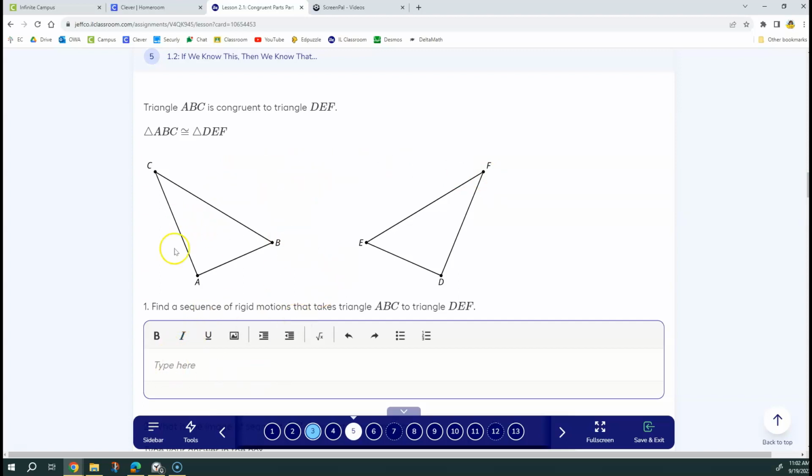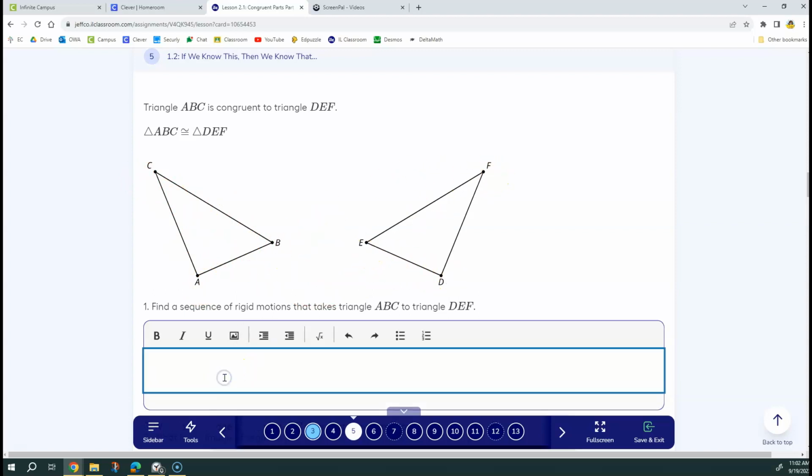The first thing here is finding the sequence of rigid motions that takes triangle ABC to triangle DEF. So what transformations, what happened in order to get triangle ABC to look like triangle DEF exactly? So what do you notice?